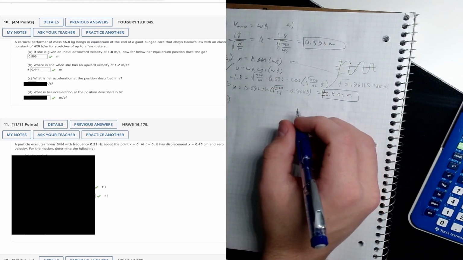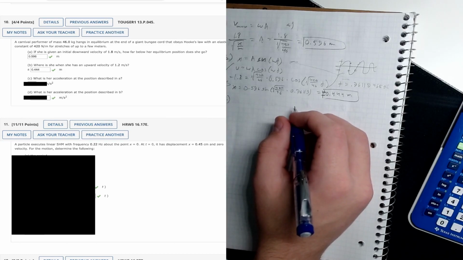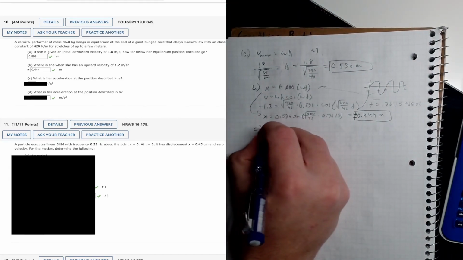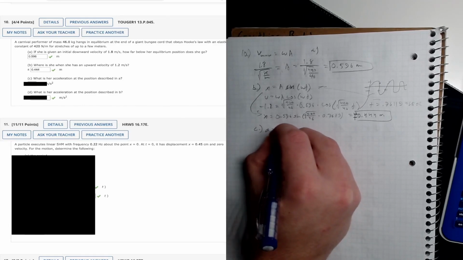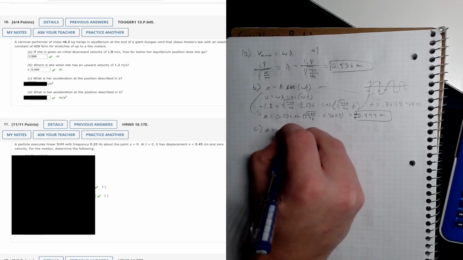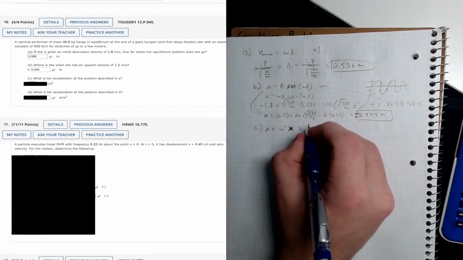All right. Now on to part C. What is her acceleration? Describe the position in A. It's going to be the amplitude. So acceleration equals w squared of x. In this case, we can just plug in our x and w squared.